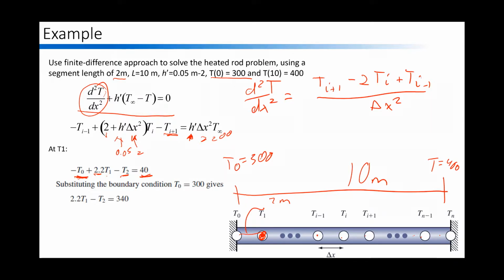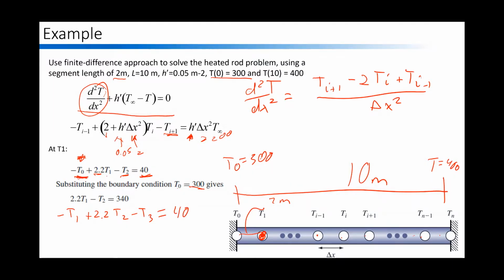Now I can substitute in my boundary condition, because I know what that T0 is. It's 300, so that just gets put in right at that end. I can then write the equation for my next point: negative T1 plus 2.2 T2 minus T3 equals 40.